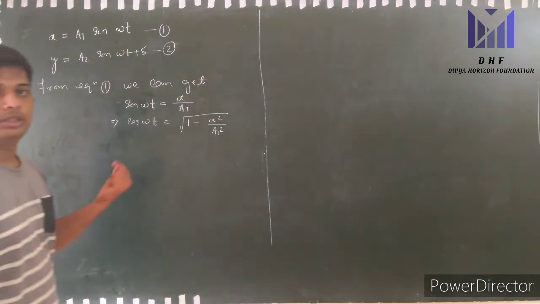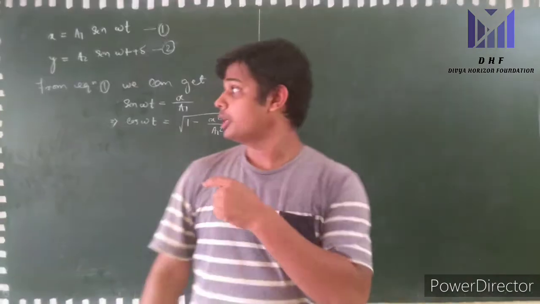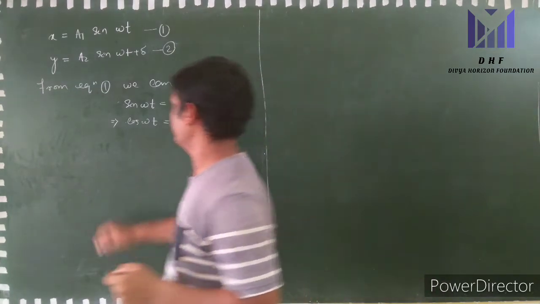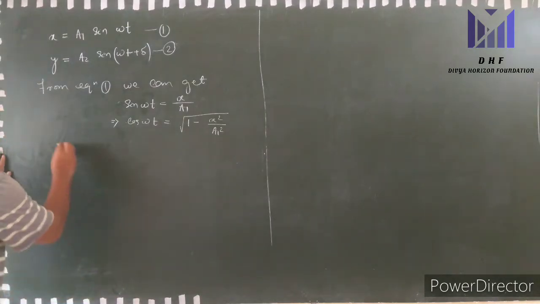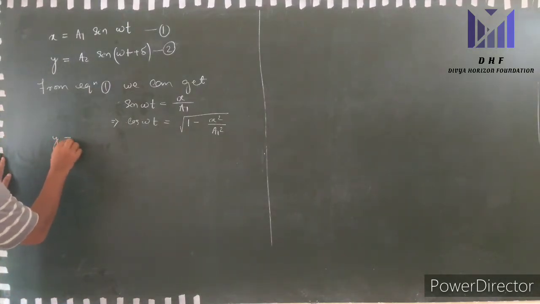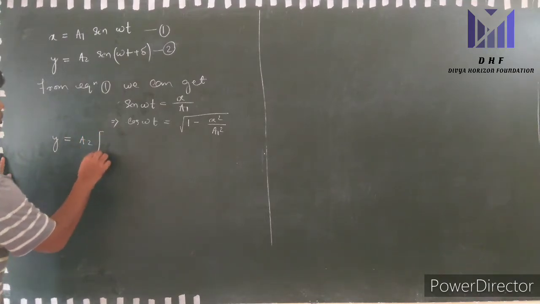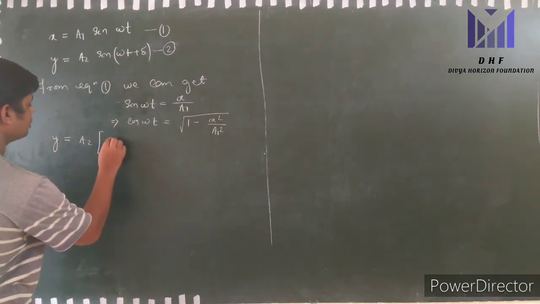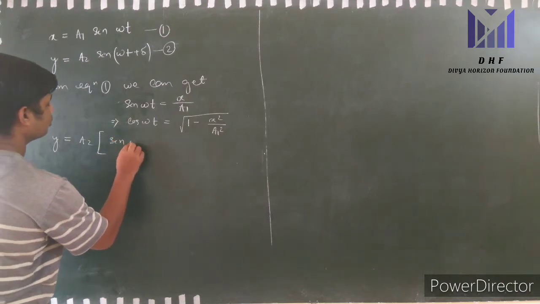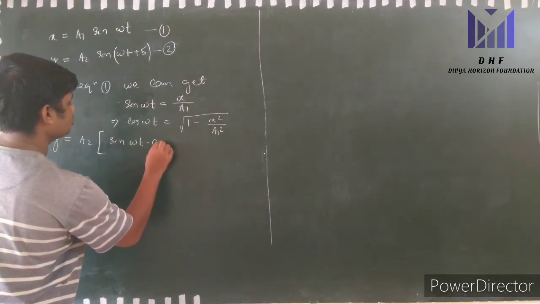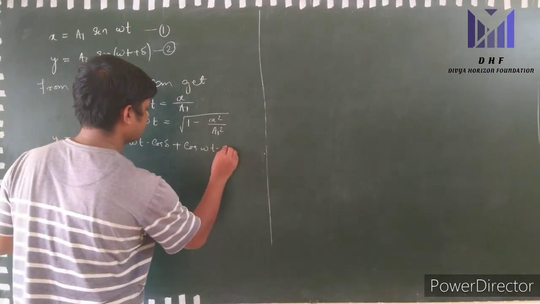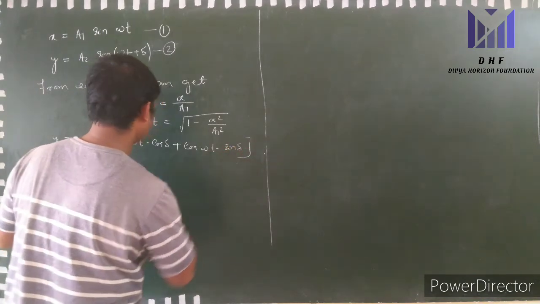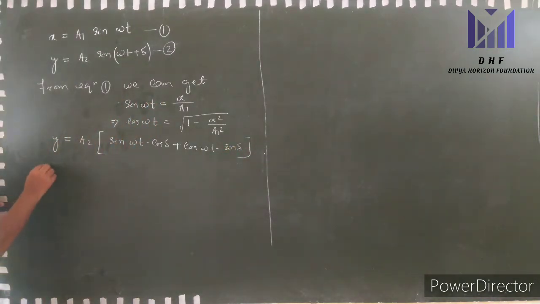Now we will expand the second equation, that is y = a2 sin(ωt + δ). Here we will use the sin(a + b) formula. So y by a2 will be equal to sin ωt cos δ plus cos ωt sin δ.